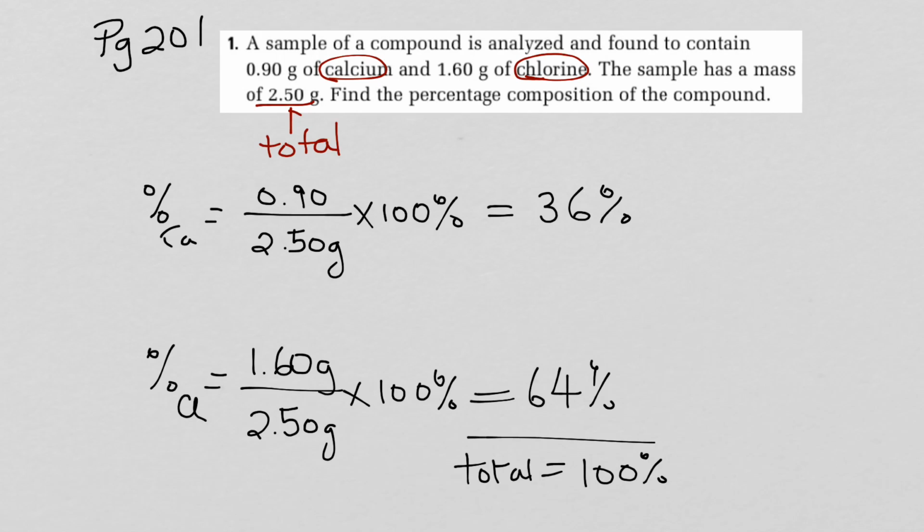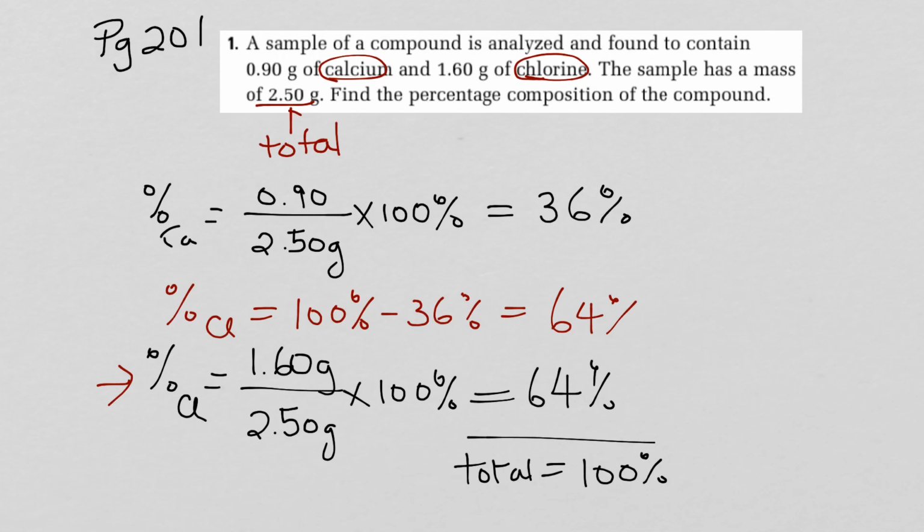So in this step here, instead of doing 1.6 divided by 2.5, once you found that the first element is 36%, and there's only two elements, you can do percent chlorine is equal to 100% minus 36%. That is 64%. So that's another way of doing it.